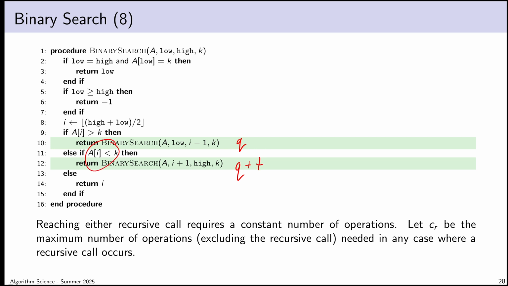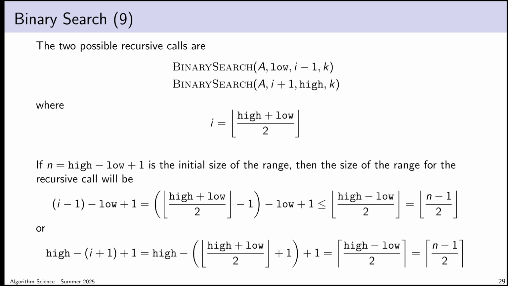But who cares? We know that in the worst case, the number of operations required before either recursive call is at most some constant, C sub r. The actual number of operations is irrelevant if it's 5 or 7, and adding or subtracting 1 or 2 doesn't really change anything. So the total number of operations excluding the recursive call is some unknown constant C sub r.